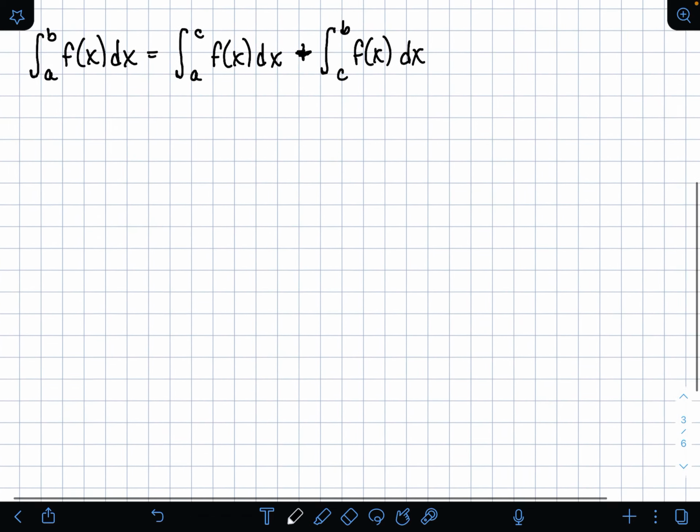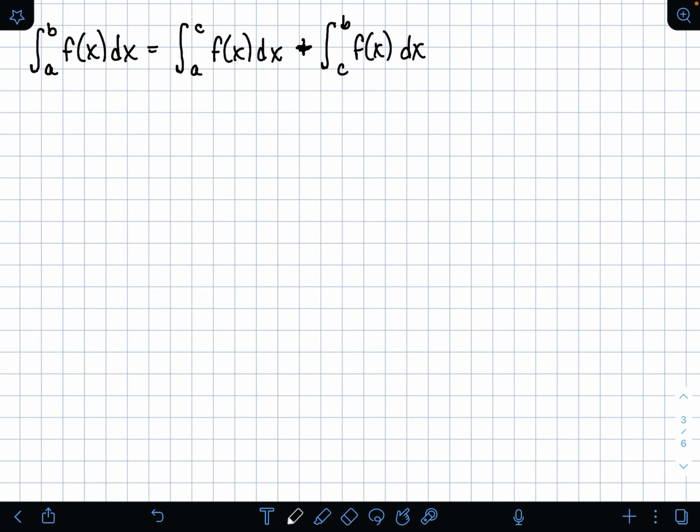Let's examine this one a little bit. Now, the most obvious kind of situation here would be, what if c is in between a and b? I think it would help here because we are talking about area, and this is geometrically based.